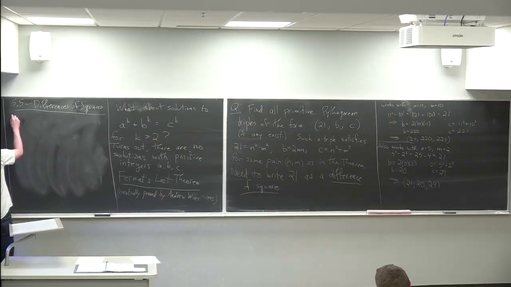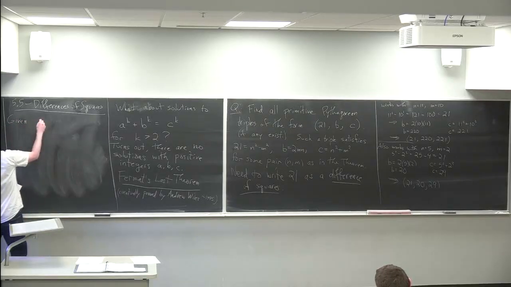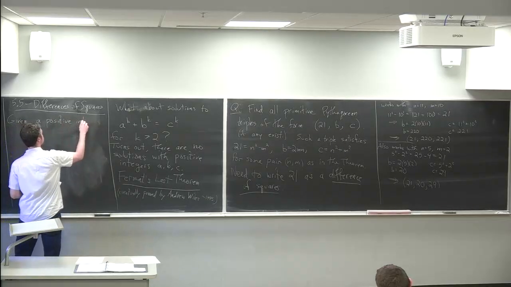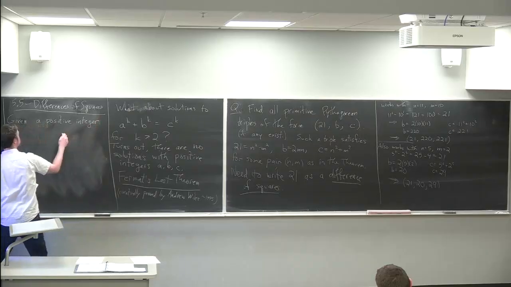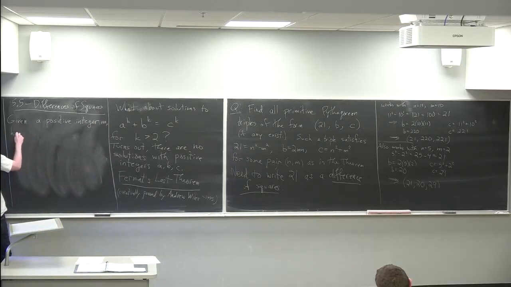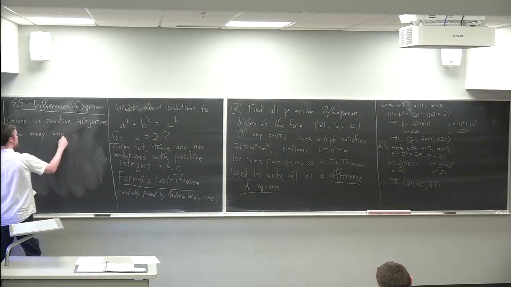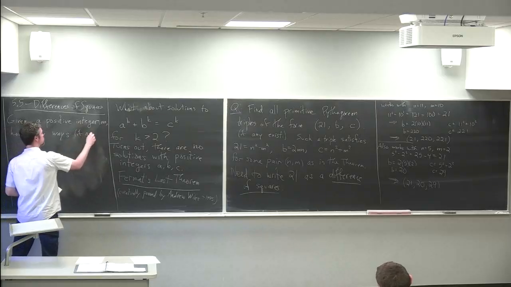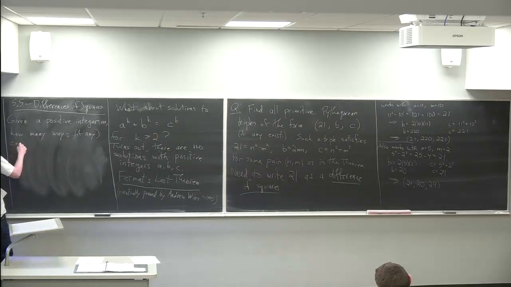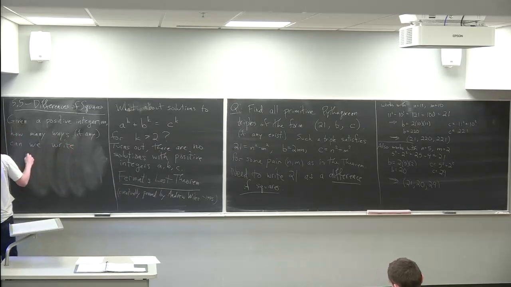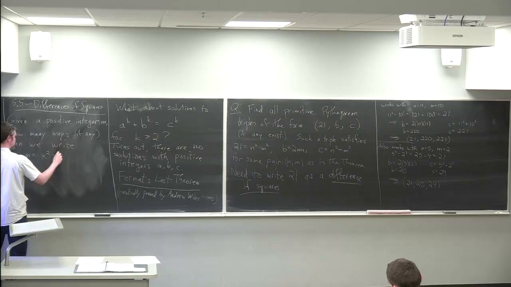Given, let's say, a positive integer m, we'll ask the question: how many ways, if any, can we write m as a difference of 2 squares, and in this discussion we'll call them x squared and y squared.